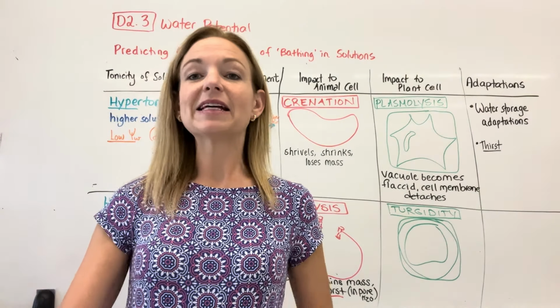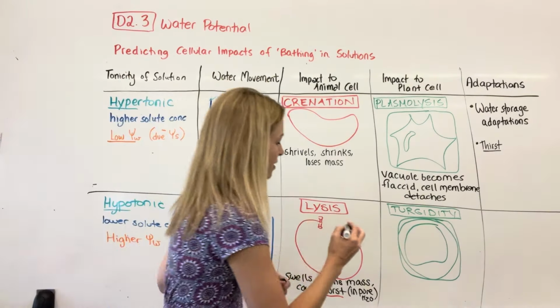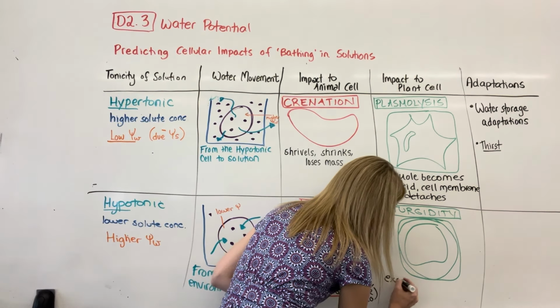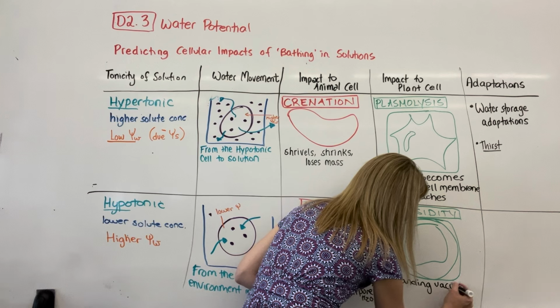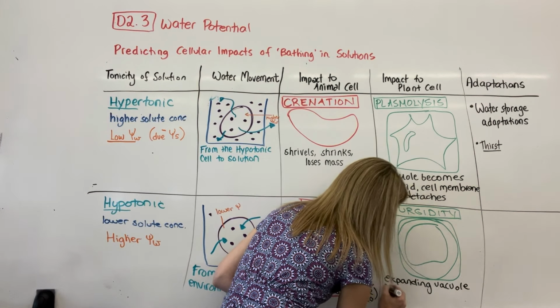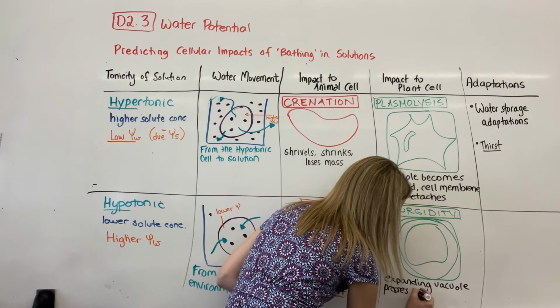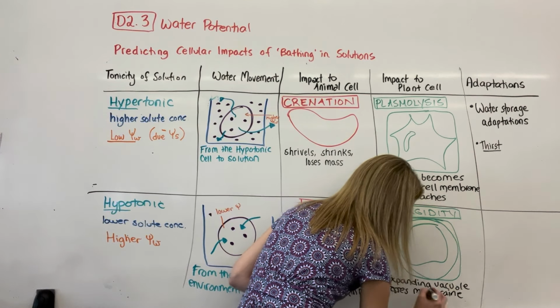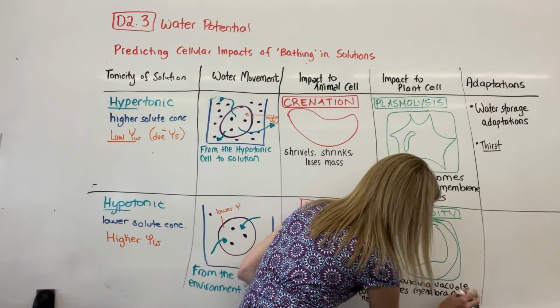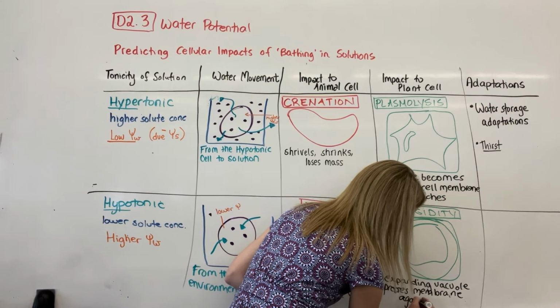So basically the expanding vacuole presses upon the cell membrane into the wall, against the cell wall.